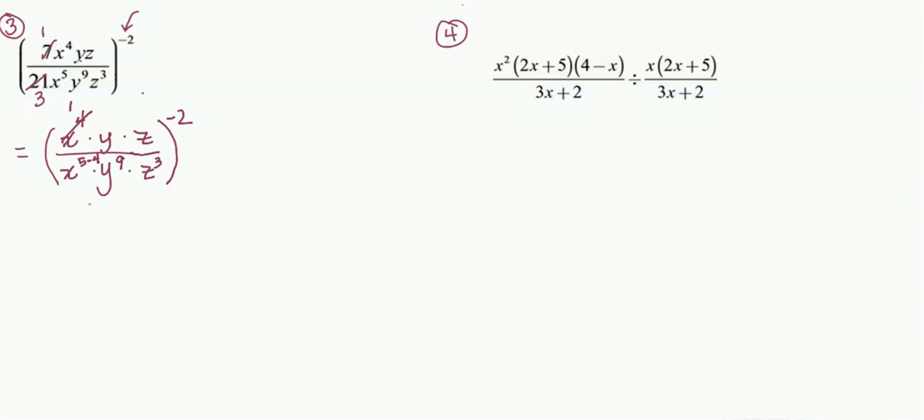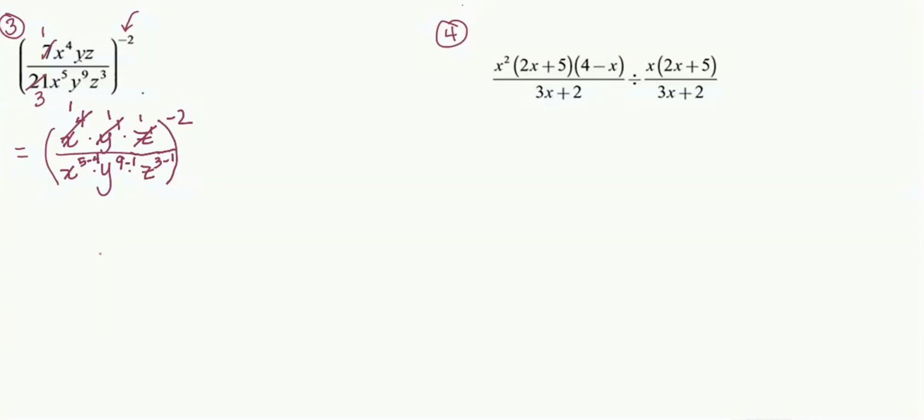And wherever the larger exponent is, that's where your new simplified exponential form will end up. So the x's end up in the denominator. Here is y to the first power. This cancels itself, and it cancels 1 from this 9. The z's cancel. It cancels 1 from the bottom z as well.